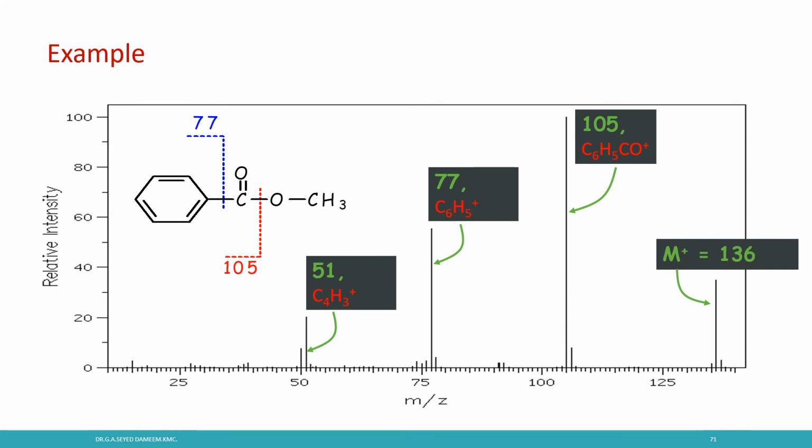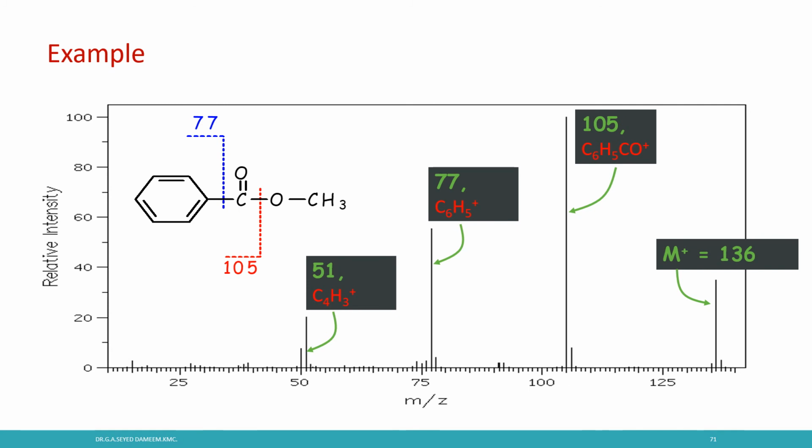So that ion gives the base peak, and after the formation of this ion and elimination of a neutral CO molecule, it gives an ion C6H5+ with mass 77. So at m/z 77, there is another peak corresponding to the phenyl cation, and from that ion, by loss of acetylene C2H2, it gives another ion with the formula C4H3+ with mass 51.